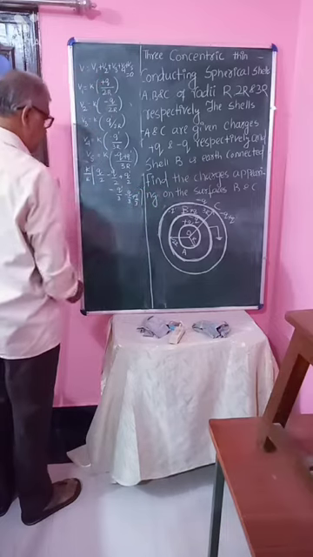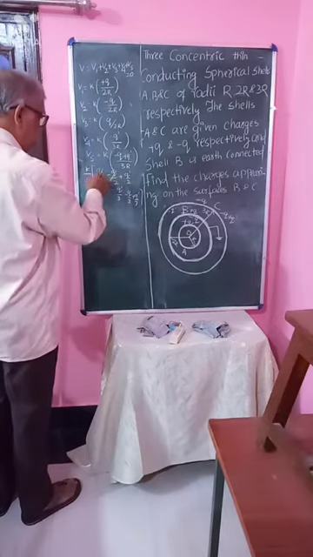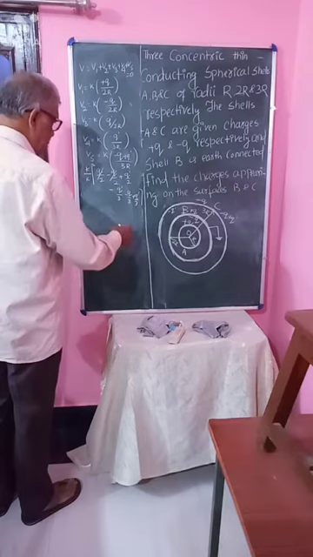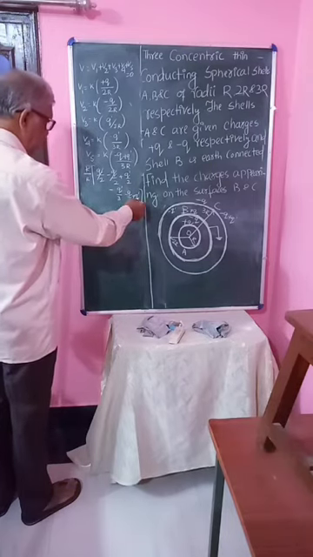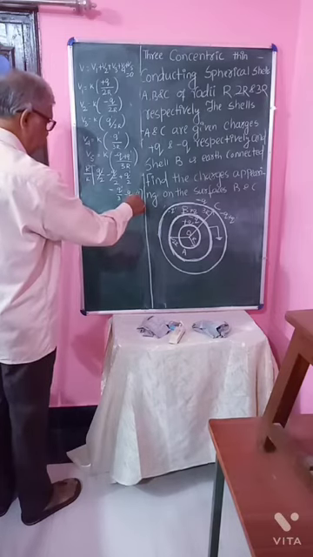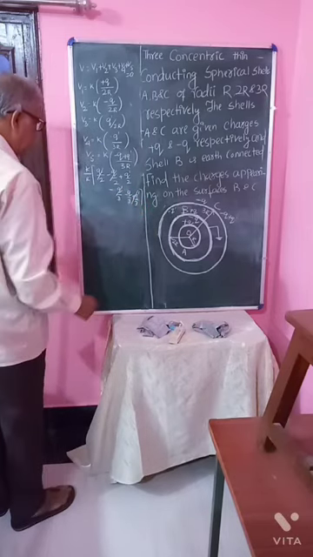So minus Q by 2 plus Q by 2 cancels out. Minus Q dash by 3 plus Q dash by 3 also got cancelled.